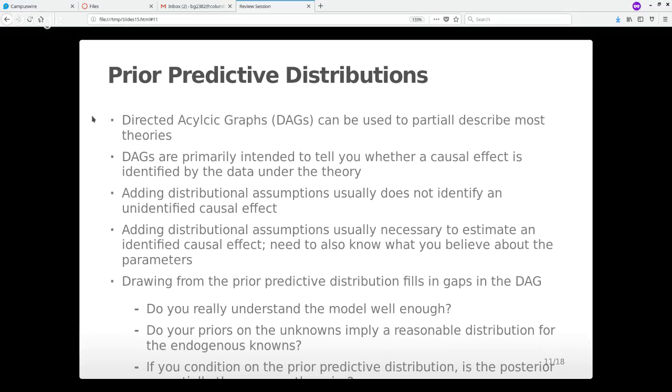For logit models, people will put in these very diffuse normal priors on the coefficients and say, I'm being objective. But those very diffuse normal priors imply all the success probabilities under the predictive distribution are either 0 or 1. But that can't be the case.